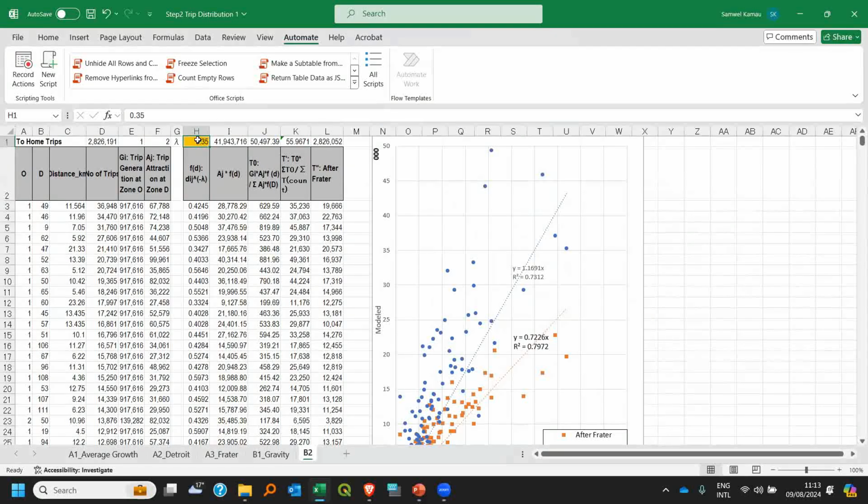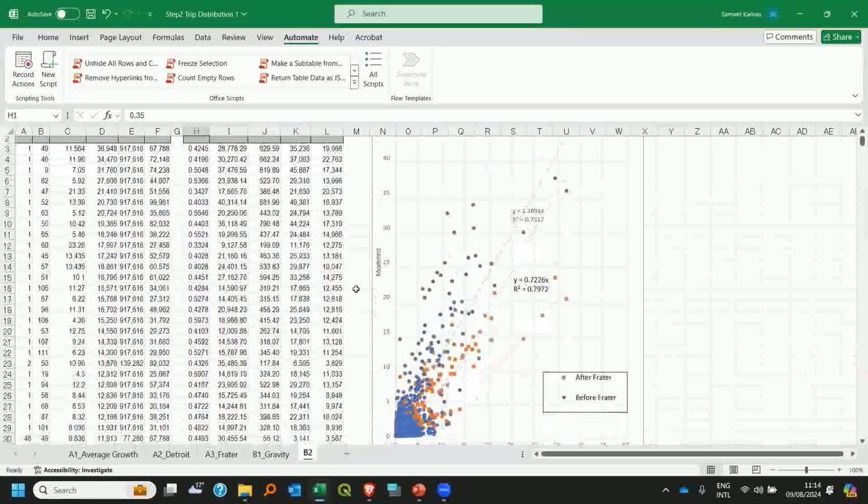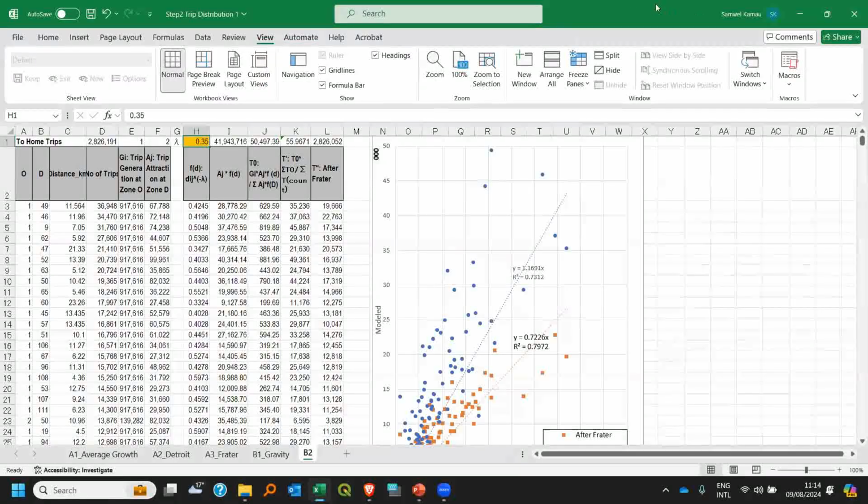Like this, the model with the highest R squared value is selected. The following is the formula. And then you can go back to the first presentation.